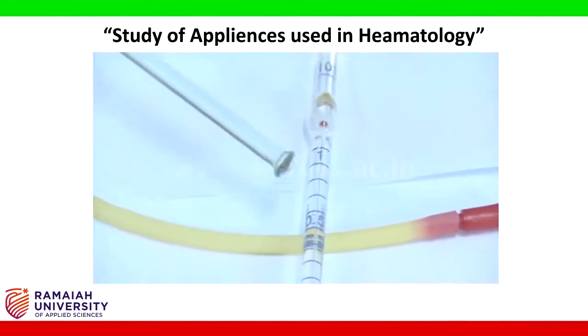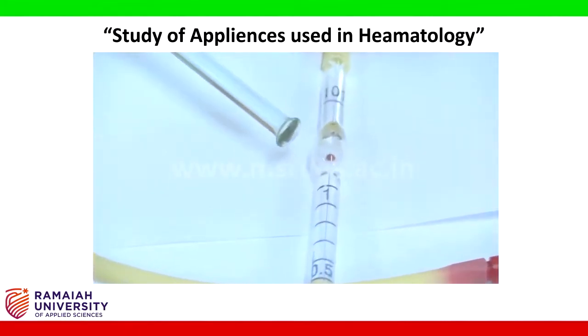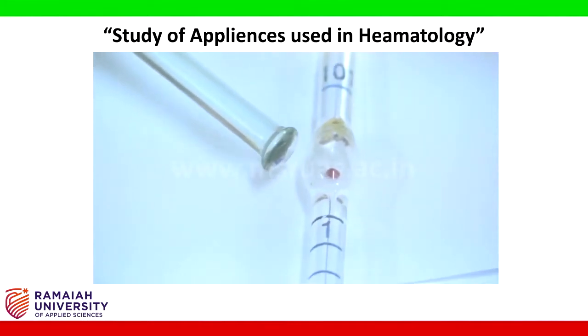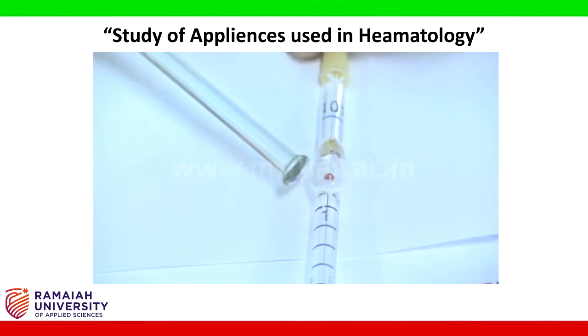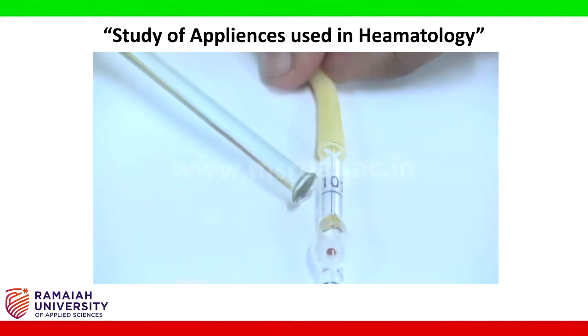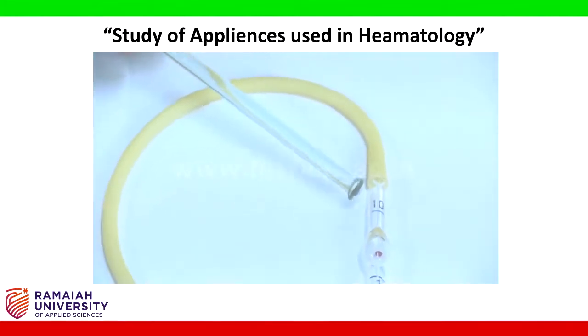This narrow stem further widens as a bulb which consists of a red bead to mix the blood with the diluting fluid. Further, this bulb continues as a narrow stem, and to this narrow stem the soft rubber tube is attached.